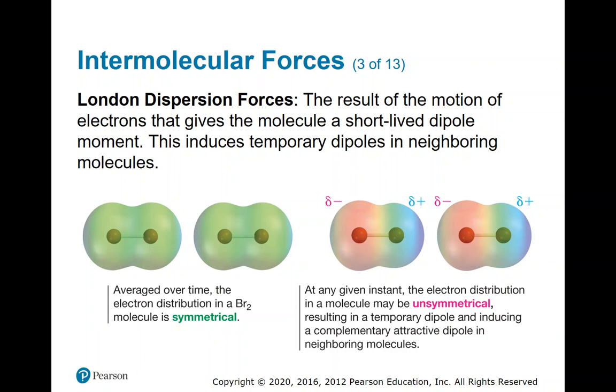Now, if we look at nonpolar molecules, those of course don't have overall molecular dipoles, but even in a substance that is nonpolar and even something that has nonpolar bonds, due to the nature of electrons, which is probabilistic, and so we can't sort of pin down their location at any given point in time, it's possible that in something that on average is nonpolar, we might at any given instant have a situation where the electrons are more dispersed towards one side of the molecule than the other.